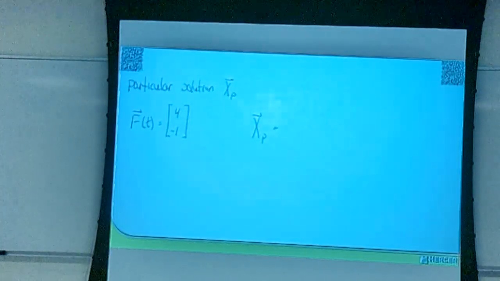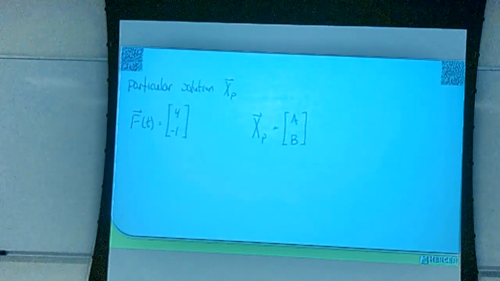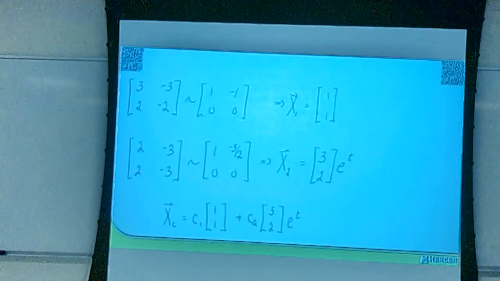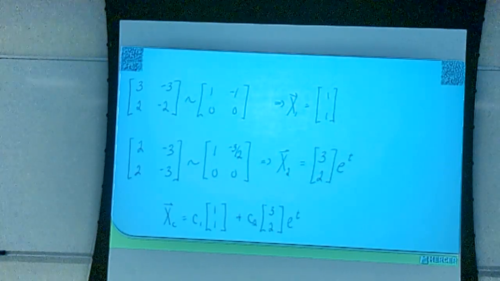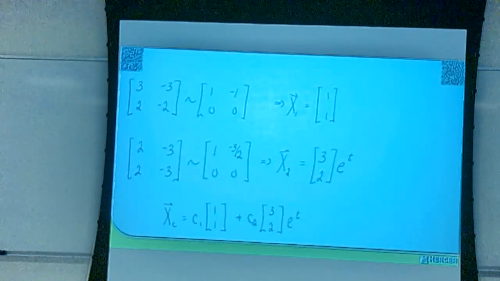So you would guess the form would be a constant and a constant. However, look at the first solution in the complementary. That's a constant, right?